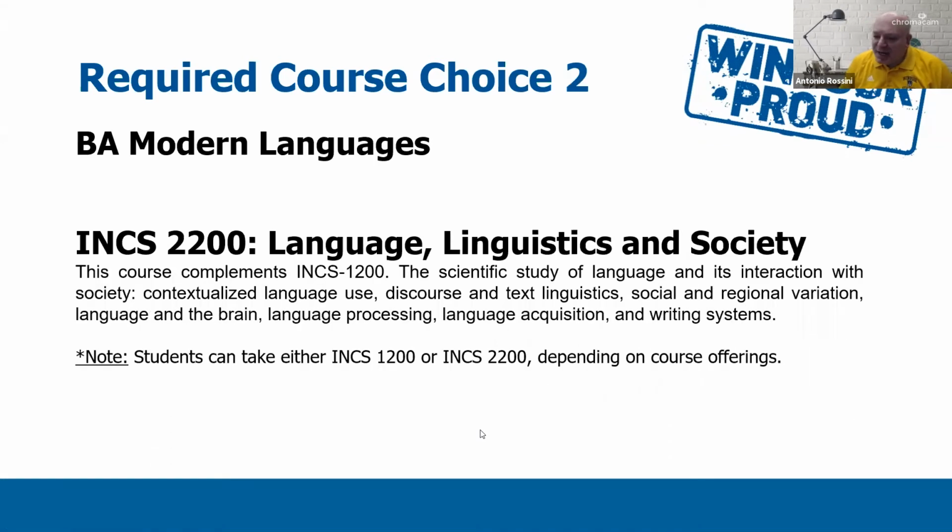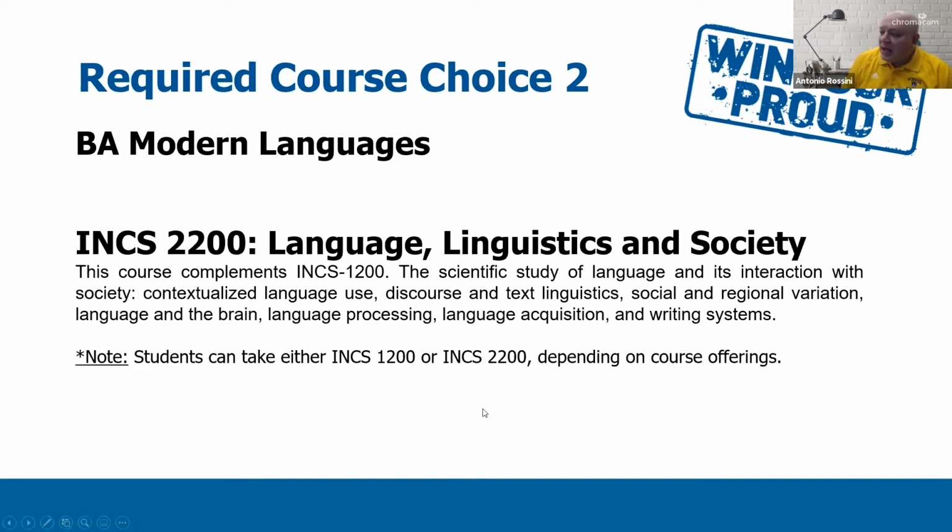This is an explanation of what I told you. It's the other course, INCS 2200, Language, Linguistics, and Society. And again, it emphasizes in the little explanation below the bold title, the scientific study of a language and its interaction with society.